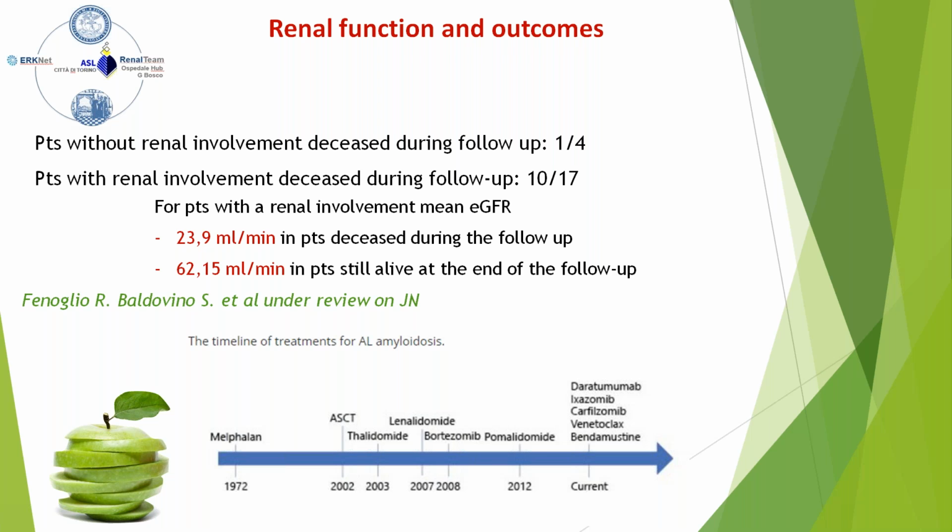And this data suggests that in patients with renal involvement, as well as in those with other clinical involvement, we need to use a treatment that rapidly reduces the concentration of circulating light chains, and we need to rapidly reach the so-called hematological response, even in patients that are not eligible for the gold standard, that is the autologous stem cell transplantation.